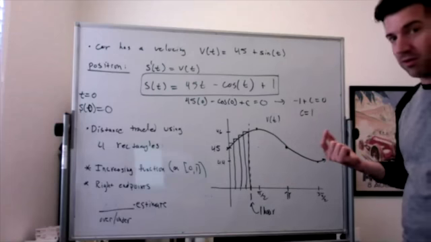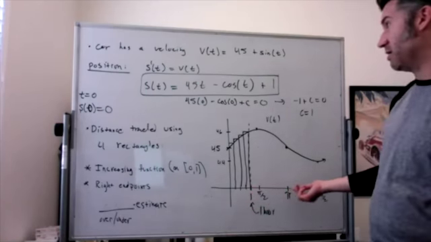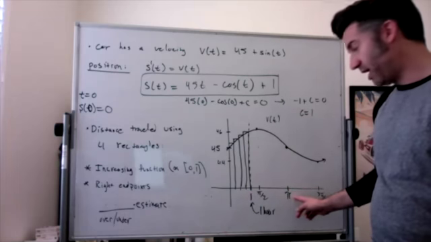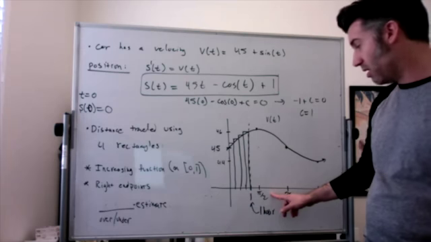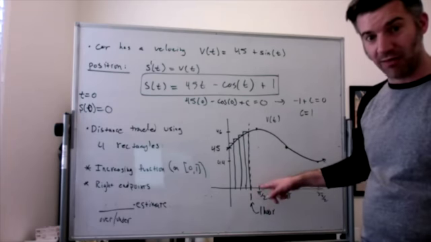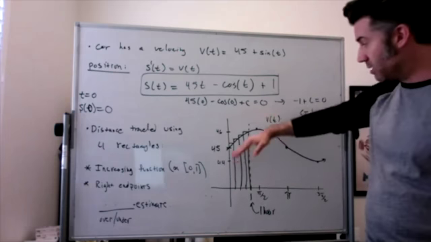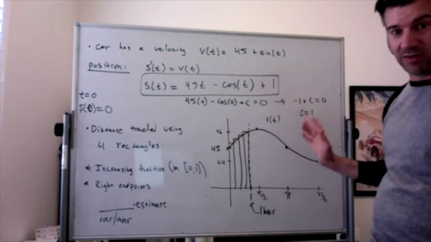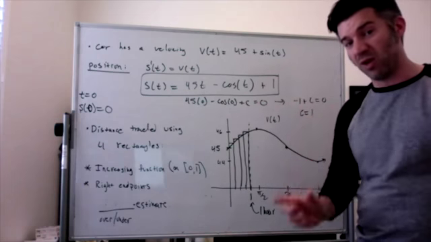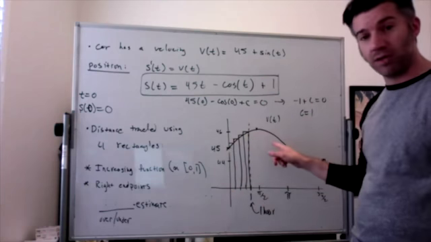Now, the important thing to know here is that time is measured in hours, and pi is 3.14, so pi over 2 is 1.5 something, and 1 hour is less than pi over 2. So even though this function fluctuates between increasing and decreasing, the interval we are looking at from 0 to 1 is purely increasing.